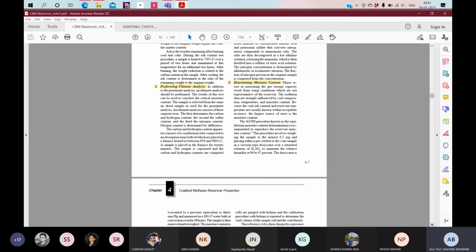After that, there is another term called the equivalent moisture. What is equivalent moisture? Suppose at a particular depth in a coal seam there is some water seepage and some moisture present. If you keep adding water, the coal seam will become saturated with moisture, and as you add more, the moisture saturation also increases.